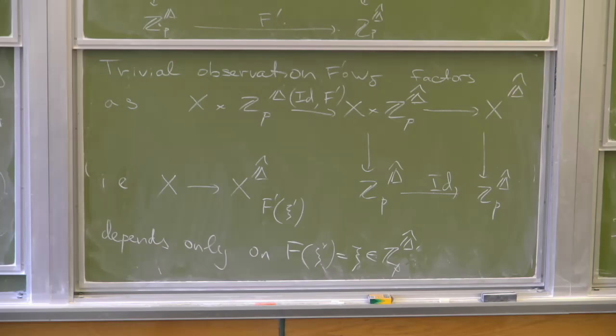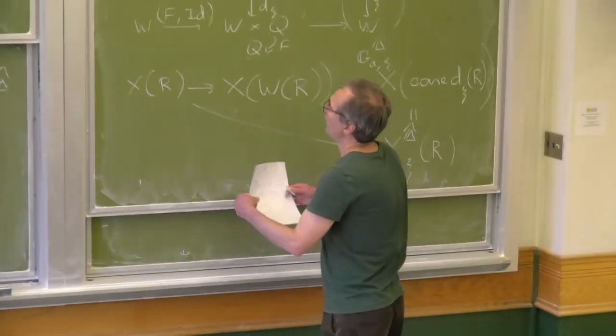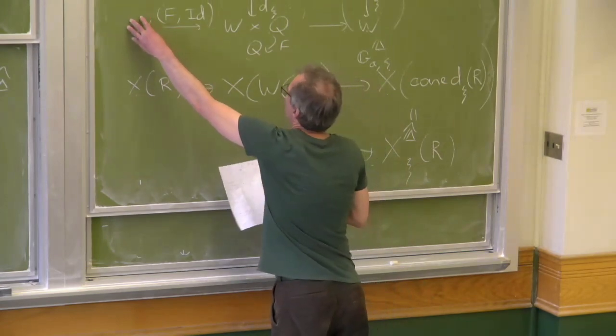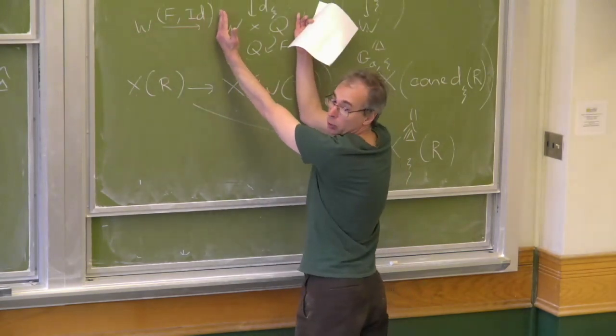And why? What is the role of this map from W? So you wrote the map from... Can you erase, in principle, the map which has over it F, comma, identity? What was the role of this? No, I mean, I need to define a map from W to this fiber product.